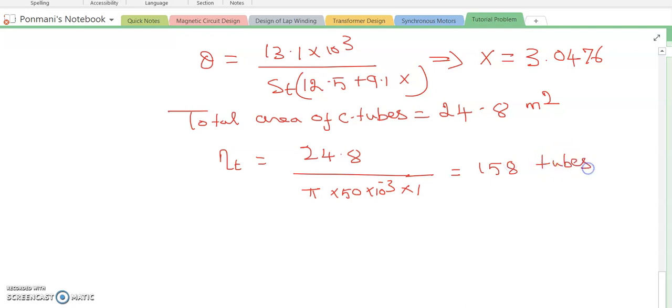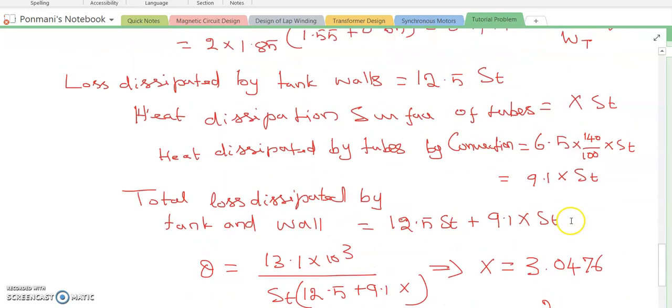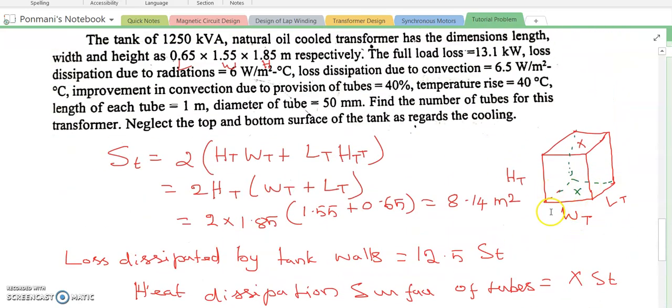That has to be arranged in the given tank dimension, lengthwise and widthwise.